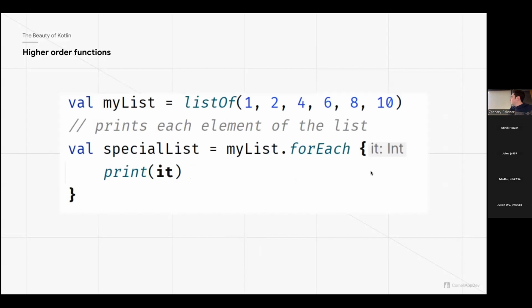And then we have another very useful higher order function, which is forEach. This one will basically just call whatever function you pass in on each element of the list. So this one just prints each element. Compared to the other ones, it shouldn't be too hard to understand, it basically just allows you to iterate through each element.